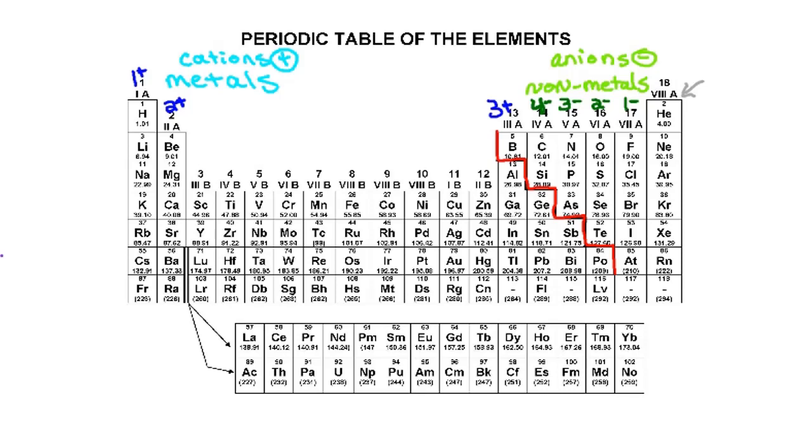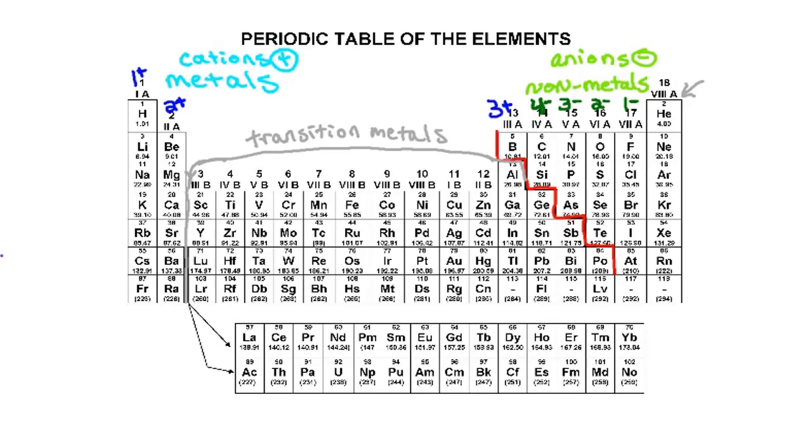Now we're going to get into the extra rule that you're going to have when dealing with transition metals. And this is all the way to the red staircase and all the way over to the left to column 3B right here. So these are all the transition metals.